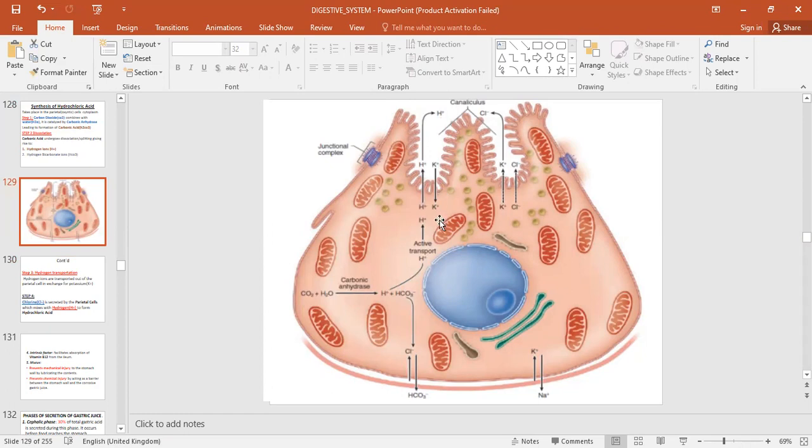So this cell is specialized to secrete hydrogen and absorb potassium. At the same time, this cell will secrete chlorine and potassium. So when potassium reaches higher levels, it will be secreted, plus chlorine. Did I say calcium? Chlorine. So when chlorine now mixes with hydrogen, then hydrochloric acid is formed.